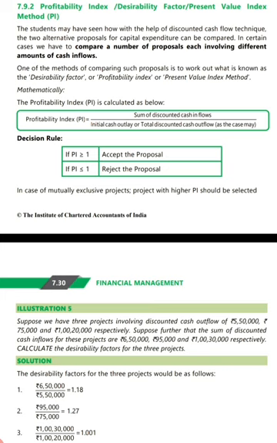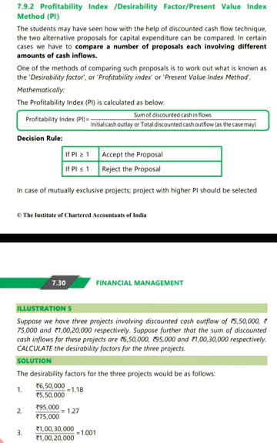In certain cases we have to compare a number of proposals, each involving a different amount of cash outflow and inflows. So when you have a lot of proposals and you have to select one good proposal, with different cash outflows and different cash inflows, you have to compare those. And how do you compare?